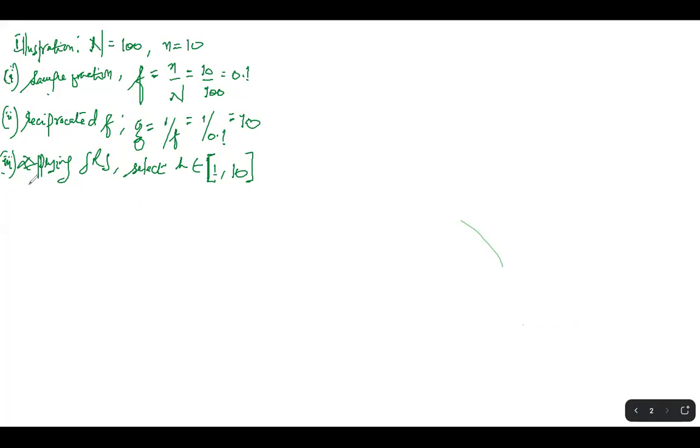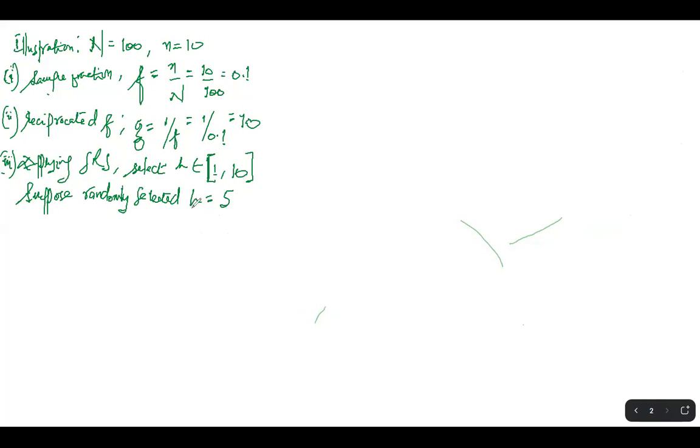However, for purposes of illustration, suppose the randomly selected H is equal to 5. This is an assumption.